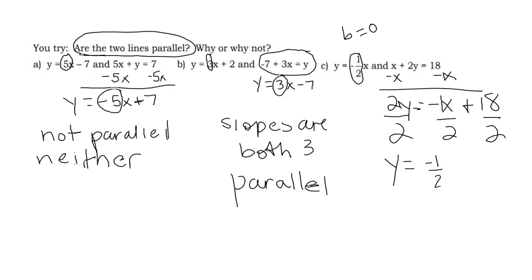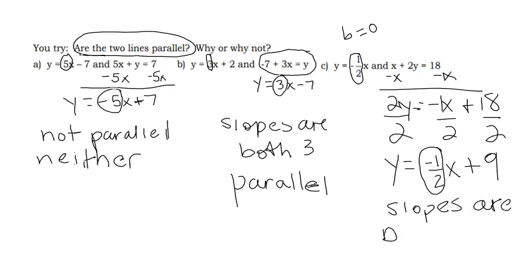But this is negative 1/2 x plus 18 divided by 2, which is 9. So we also have negative 1/2 for the slope. So the slopes are both negative 1/2, and they are parallel. Didn't have any perpendiculars in this group.